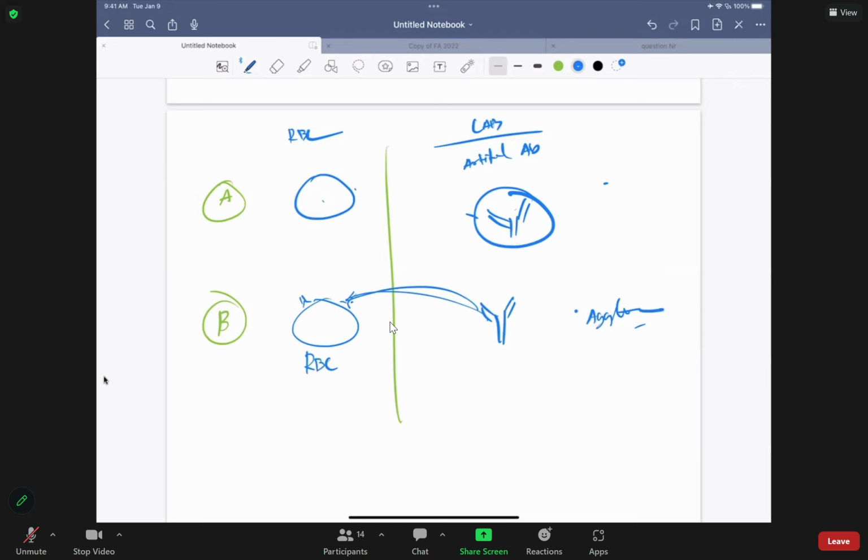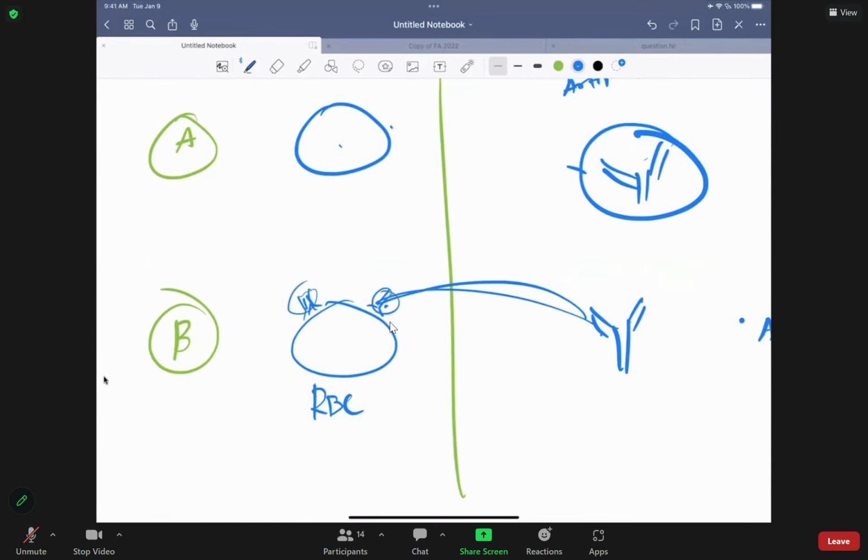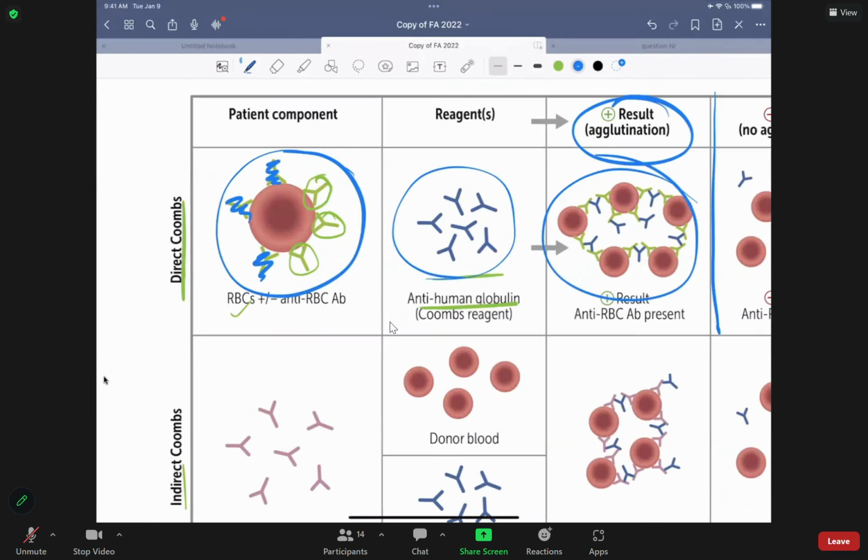So the antibodies that are already present on the red blood cell, and then when you give them the artificial antibody, they come together. And in B, because they don't have the original antibody... No, the other one has the original antibody here on the red blood cell. Ignore that side picture.